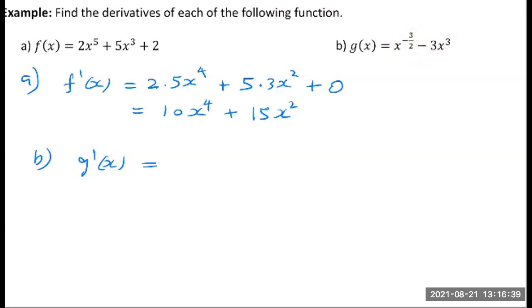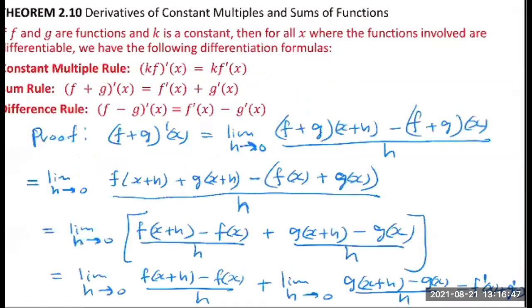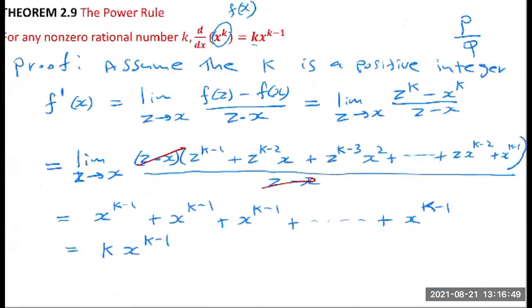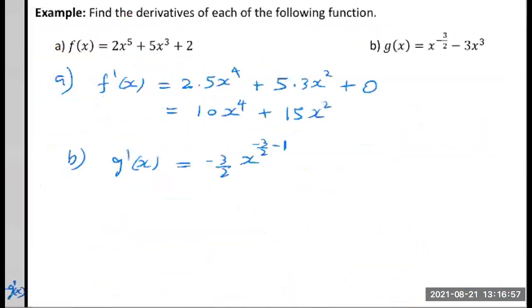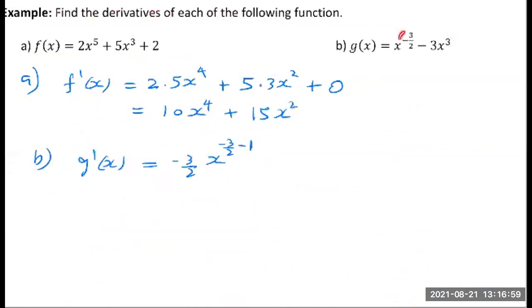The derivative of the first function is minus 3 over 2 times x to the power minus 3 over 2 minus 1. Remember the power rule? The derivative of x to the power k is k times x to the power k minus 1. That's what I'm applying here. I have k times x to the power k minus 1.